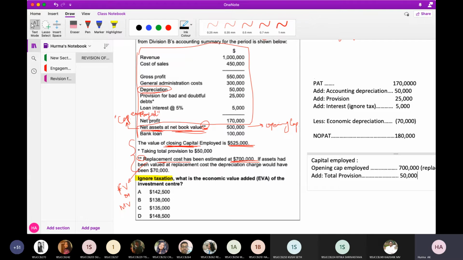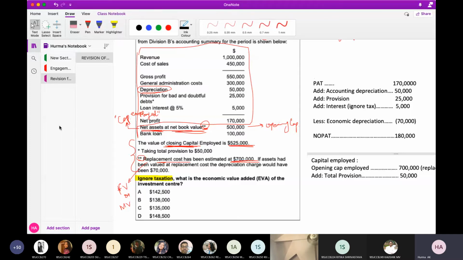Now why do you do that? The definition of capital employed, as I explained earlier, is total assets minus current liabilities, or you can also calculate it using total equity plus total debt.